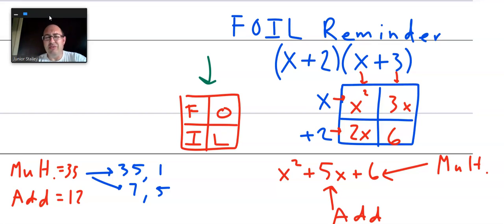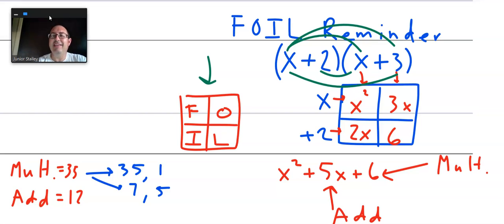You don't have to use a box for FOIL if you don't want to, but I find it helpful because I don't lose things. And when the multiplication gets bigger and bigger, the box gets bigger and I don't lose information.